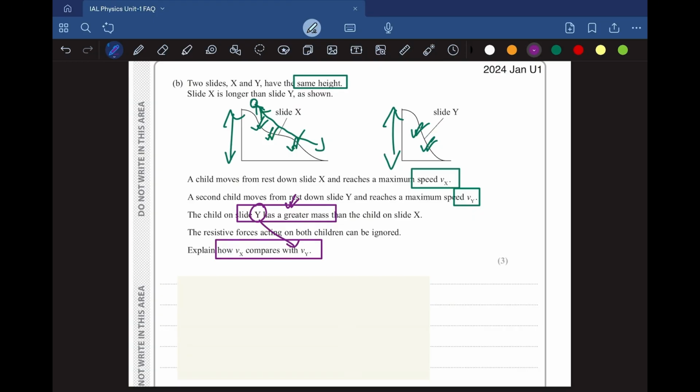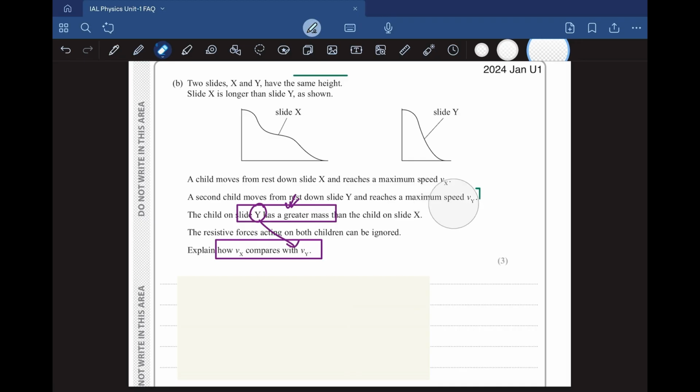Now let's think about it in a more physics way. We know both of them have the same height, right? As both have the same height, upon release at this point, they will have their gravitational potential energy. Upon sliding down the slide, right here in this position, they will have kinetic energy.